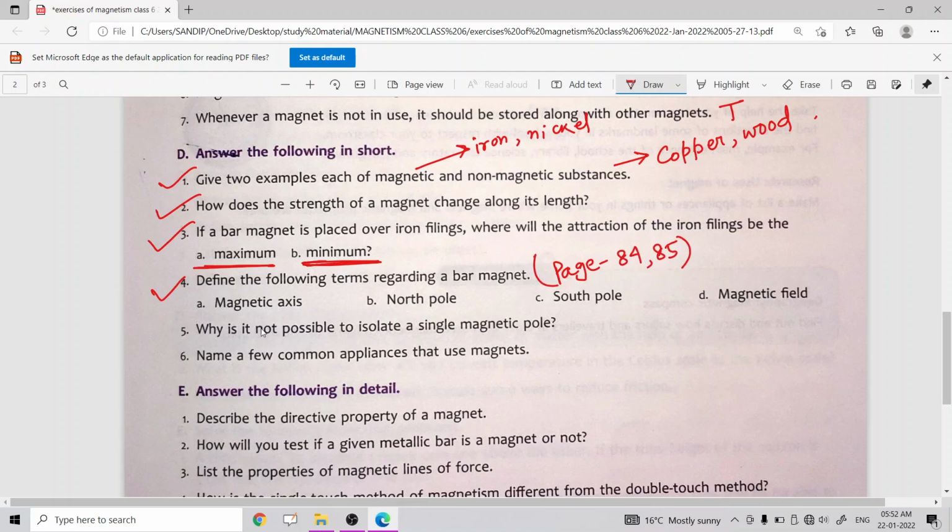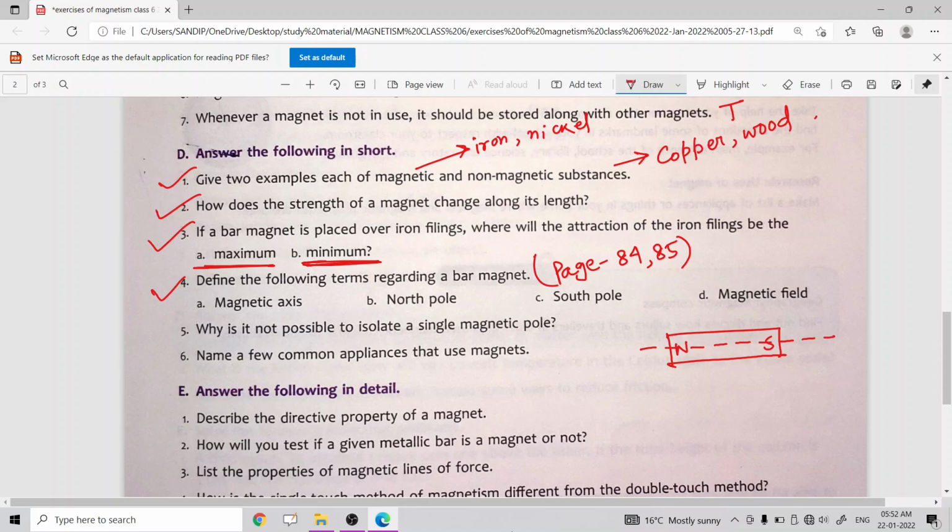Magnetic axis is an imaginary line which is connected between the magnetic north pole and magnetic south pole of a bar magnet. So if you take a bar magnet like this, one end north, one end south, then this imaginary line connecting the north and south pole is called the magnetic axis.